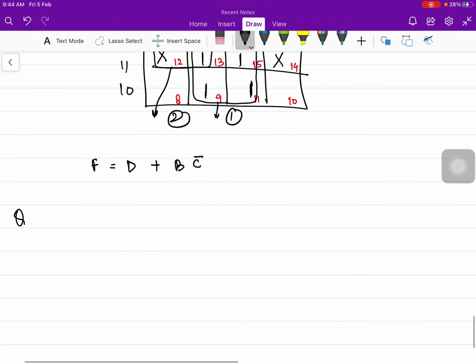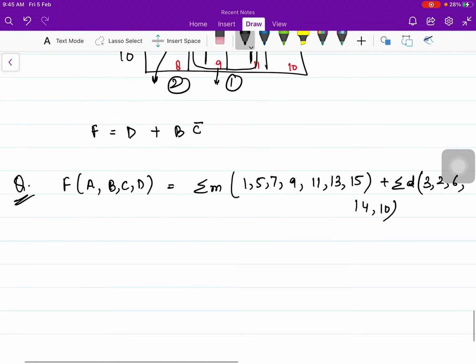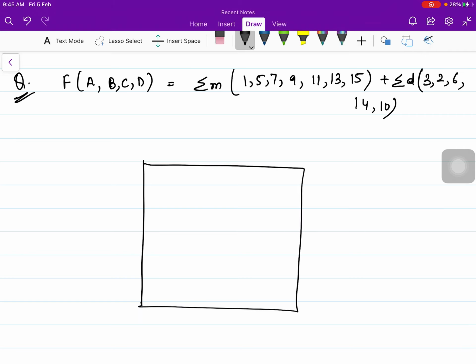Let's do one more question that includes a don't care condition. F of ABCD is equal to summation m 1, 5, 7, 9, 11, 13, 15 plus don't care 3, 2, 6, 14 and 10. Let's draw the structure.